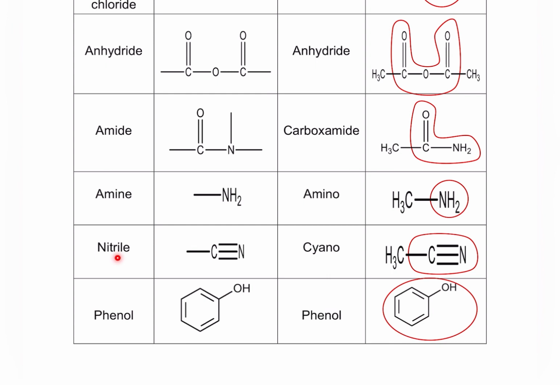Now we got nitrile with C triple bond N. The name of the functional group is cyano. And last but not least, we got phenol with the same name for its functional group, and the structure is going to be benzene attached directly to an OH group. And when you want to circle the functional group, you have to circle all of it.